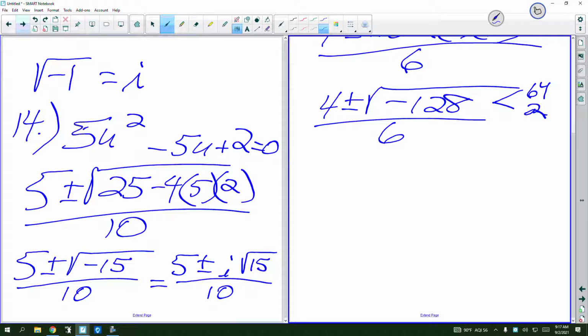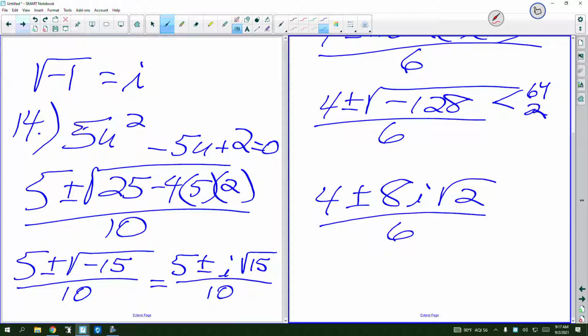And the square root of 64 is 8. So it's 4 plus or minus 8i root 2 over 6. Now I'm going to divide everything by 2. Wait, what?